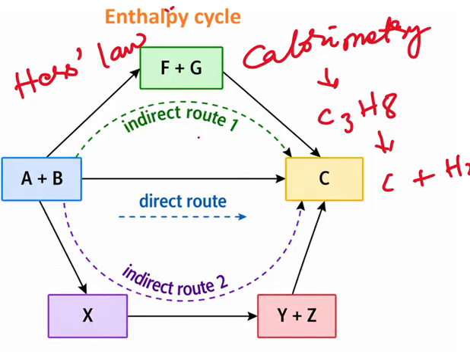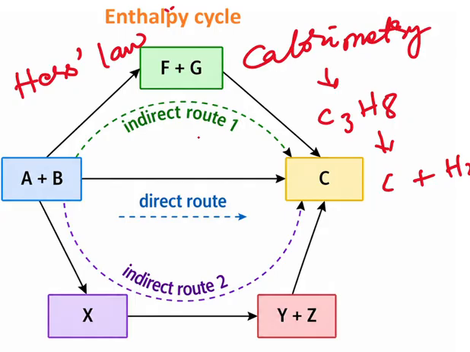What is Hess law? Hess law can be stated as: the total enthalpy change for a chemical reaction is the same regardless of the route taken by the reactants to form the products.